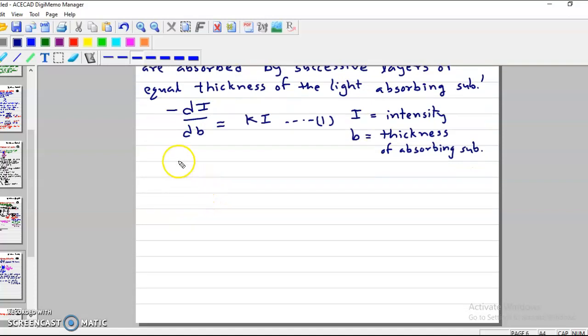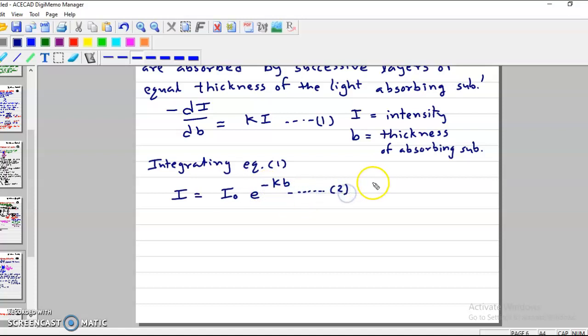Now integrating the first equation, equation 1, we get I is equal to I0 e raised to minus kb.